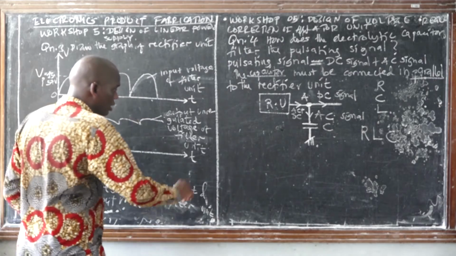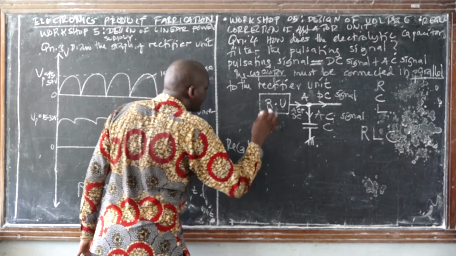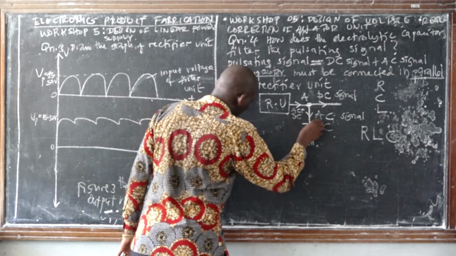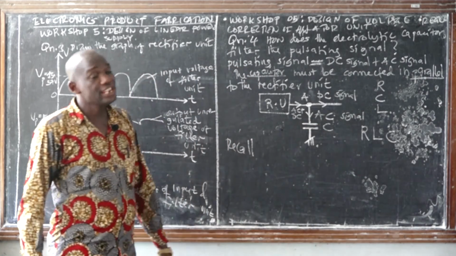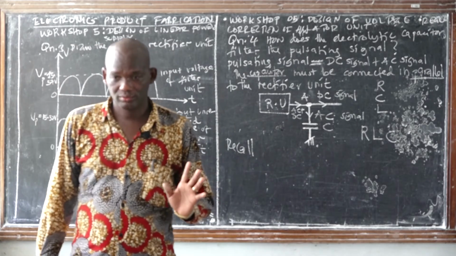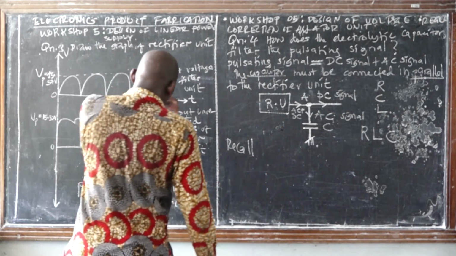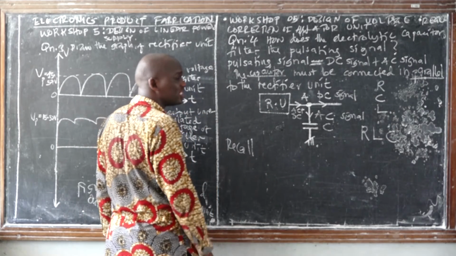From there, we taught you that the capacitor stores charge, but it also provides opposition to any signal flowing through it. That opposition we call capacitive reactance.